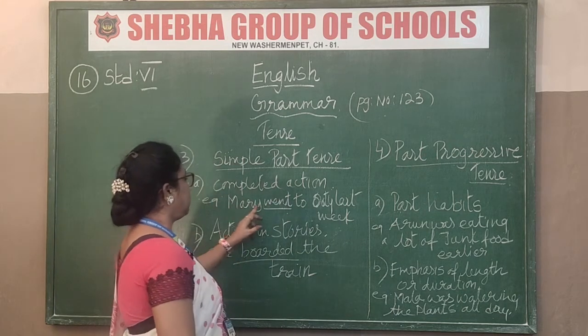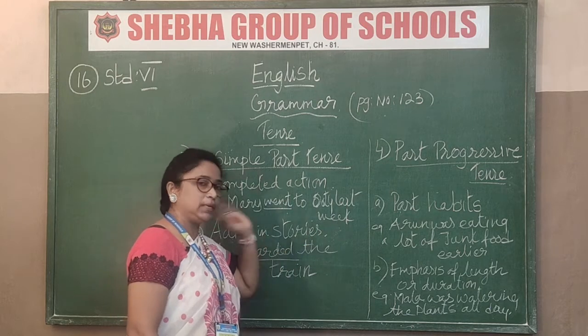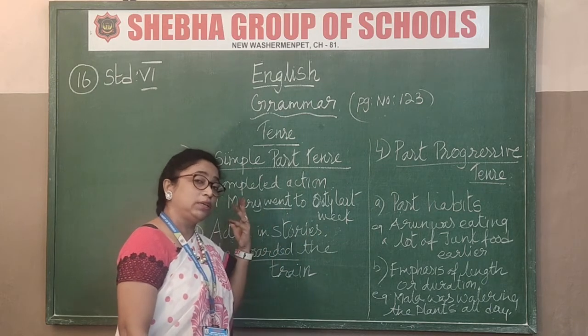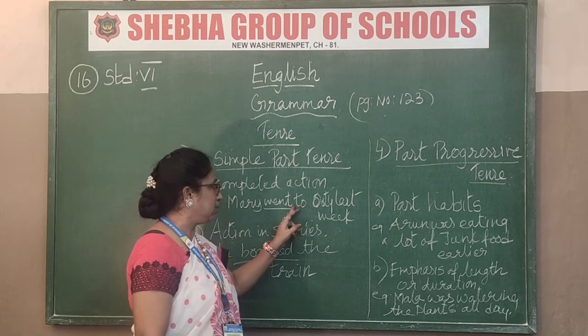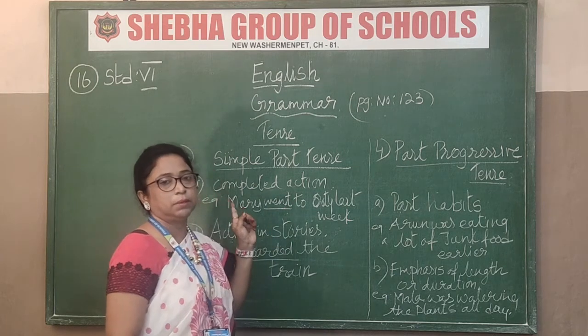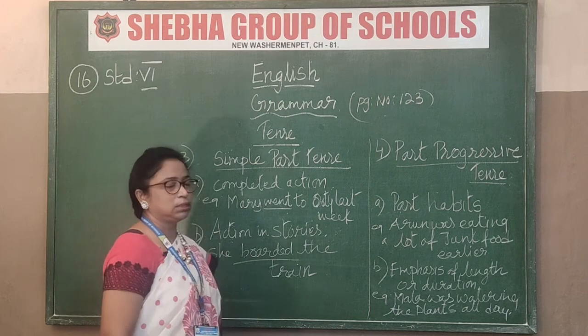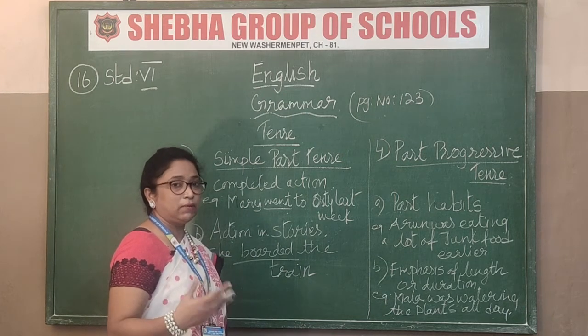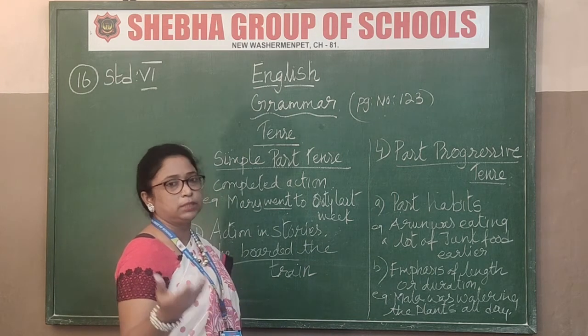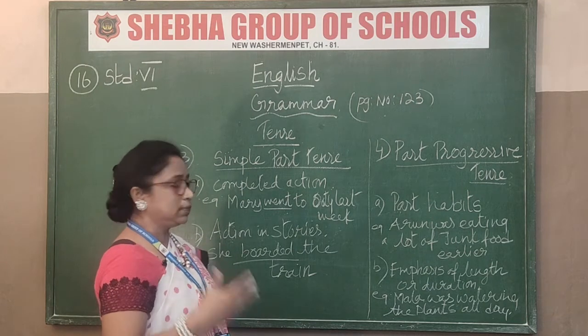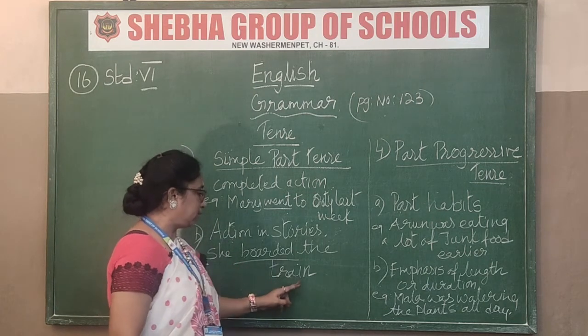For example, Mary went to OT last week. When did she go to OT? She went to OT last week. So went is the simple past tense. Okay, action in the stories. Sometimes when you are telling stories, whatever happened is reported speech. For example, she boarded the train.